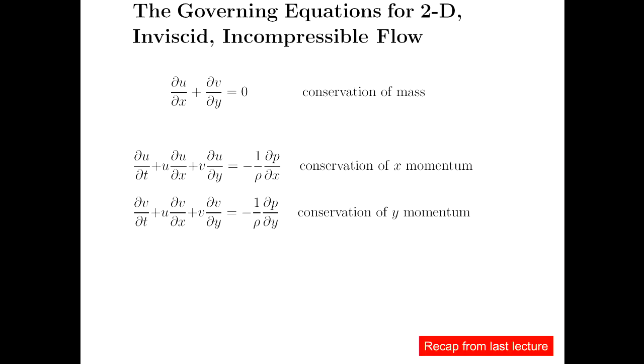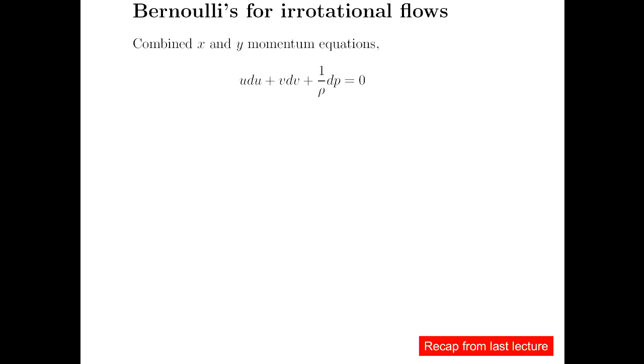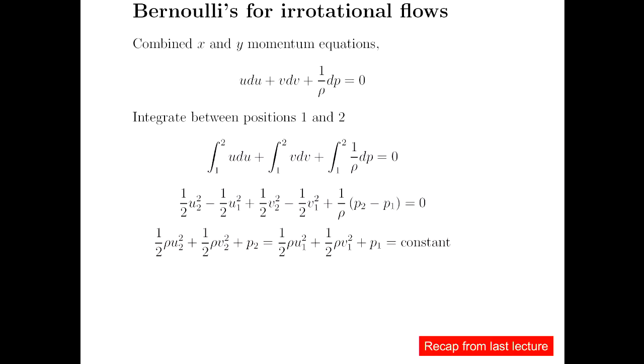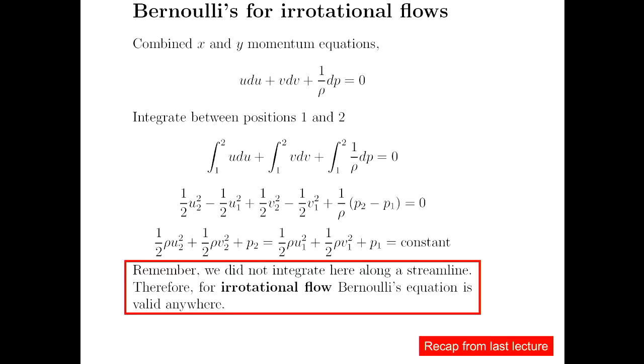Starting from the conservation of momentum equations in x and y directions, we are able to derive Bernoulli's equation for an irrotational flow. Bernoulli's equation is valid throughout our whole domain.